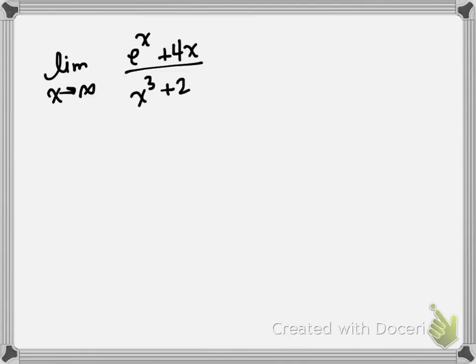So let's try the very last problem. This is the limit of e to the x plus 4x over x cubed plus 2 as x goes to infinity. So if we were going to try to evaluate this function, we would have infinity on the top and infinity on the bottom, and that would be our indeterminate form.